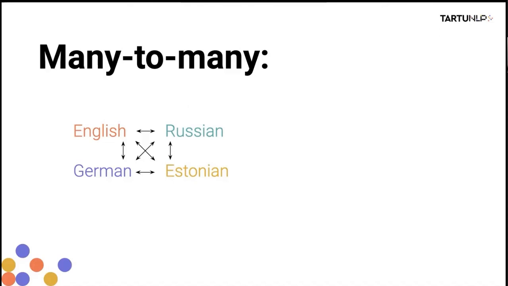And it might be desirable, if we don't want to run 12 different systems, to stick all of it into one big system. So this is actually quite easy, because the many-to-one translation can be done as is. We can just pass any languages into the input, or we can opt for adding the first token of the sentence, specifying what the language is, if we don't want to wait for the encoder to learn to determine the language, if we just want to tell it what the language is and make its job a bit easier.